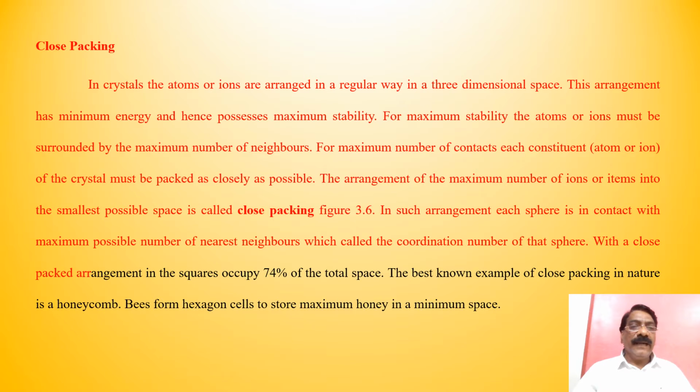In a close packed arrangement, the spheres occupy 74% of the total space. The best example of close packing in nature is the honeycomb. Bees form hexagonal cells to store maximum honey in a minimum space.